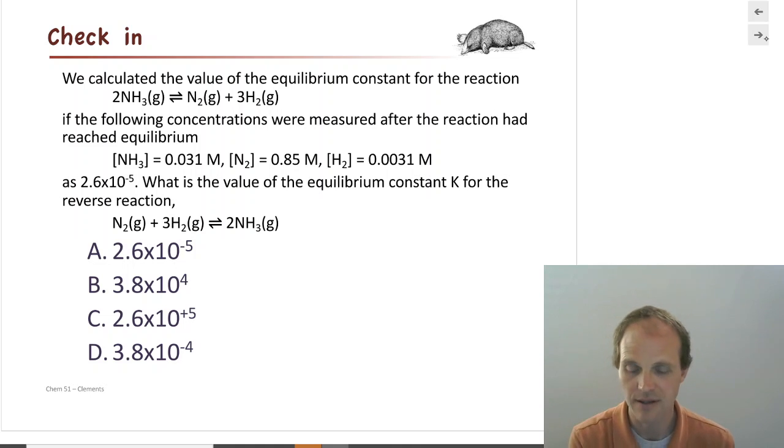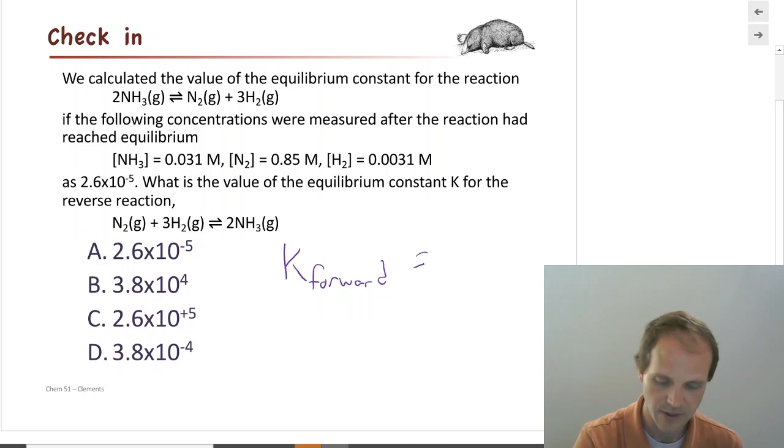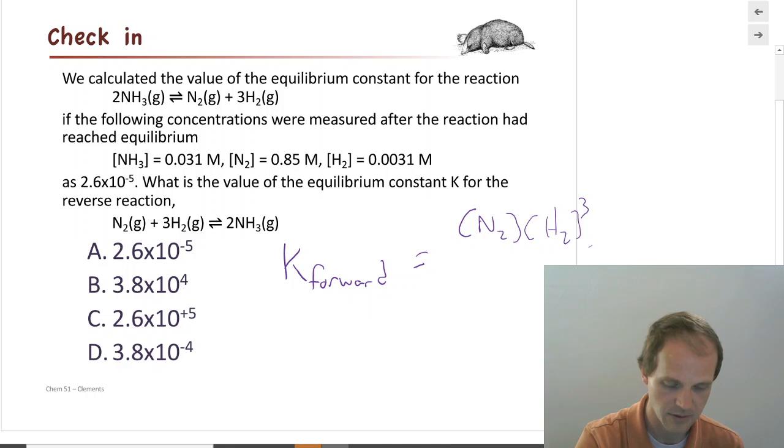What'd you come up with? Well, you could plug all those things in, absolutely, and you'd plug in the concentration of NH3, square it, divided by the concentration of N2, divided by the concentration of H2 cubed. But let's look at it. For the forward reaction, we had the concentration of N2, concentration of H2 cubed over the concentration of NH3 squared.